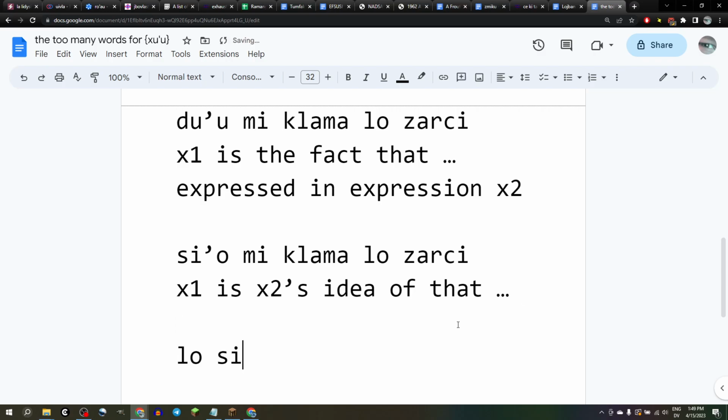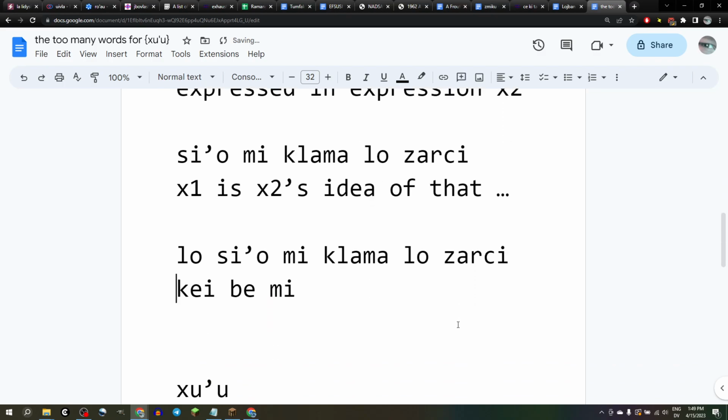You can say, lo siho miklama lo zarshi ke be mi. So we've got the siho ke, this makes a verb, and then we can do normal stuff to it, like use a lo on it to make it into a noun, and then in that context we can say be.